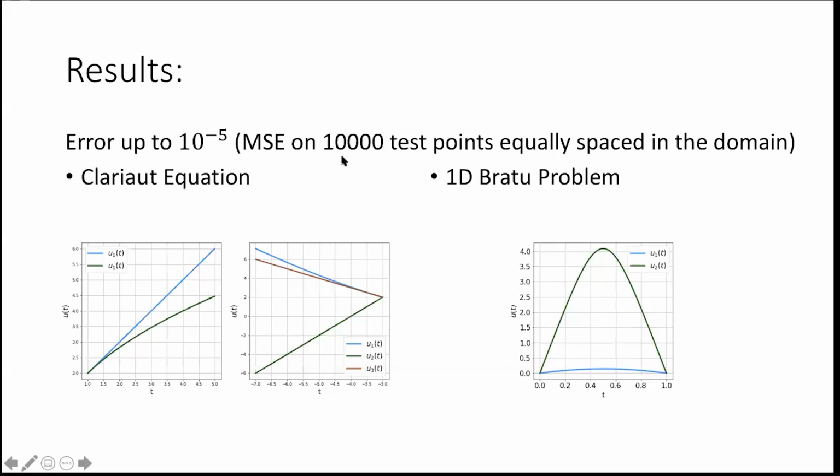We have an MSE error on 10,000 test points equally spaced in the domains. And the errors for all three experiments were about 10 to the minus 5. So basically, we cannot see the difference in these plots, the plots of the Clairaut equation with 2 and 3 solutions, and the plot on the one-dimensional Bratu problem. They overlap perfectly. And so the algorithm works quite fine for these simple problems.